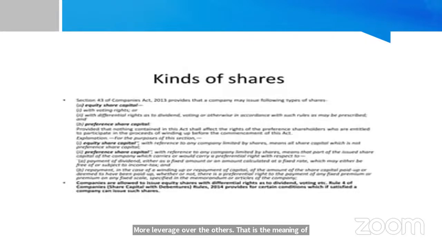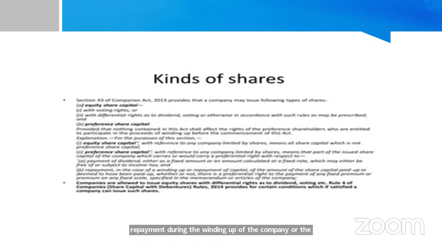Okay. So a preference shareholder has got two preferential rights. One is the right to receive dividend. That means when dividend is declared by the company, it is the preference shareholders who receive the dividend first. Point number one. Then the second right is the right for repayment during the winding up or the closing of the company.